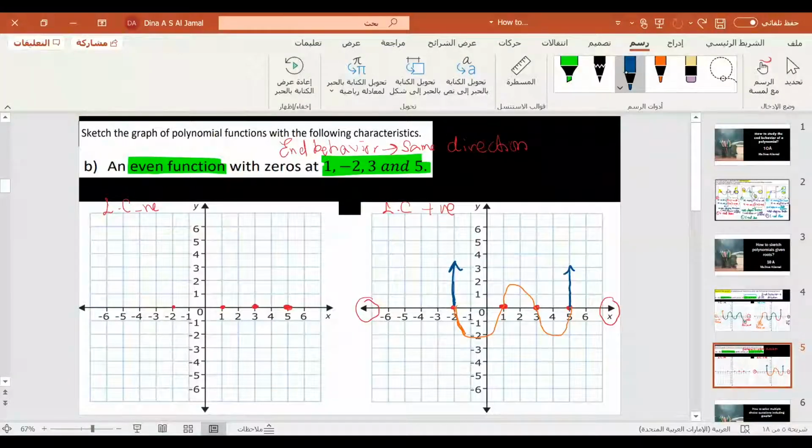That means both of the end behaviors should go down to minus infinity. So let me start from this point. It will come now to a max, then a minimum, and let me just graph it again. It will hit this point, going up.